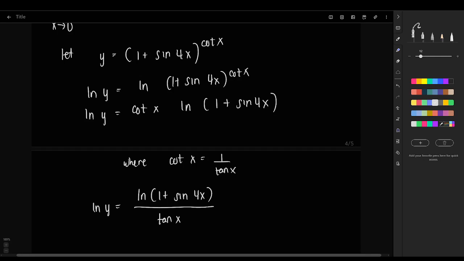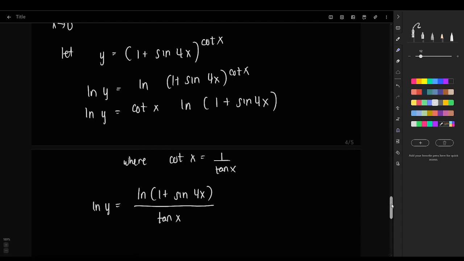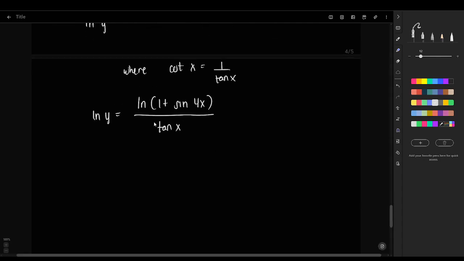And by L'Hospital's rule, the idea here is we could still apply L'Hospital's rule. By taking ln on both sides, we could also use limits on both sides, that's still applicable.